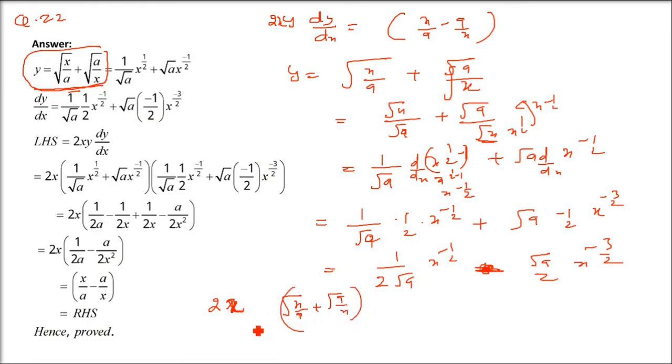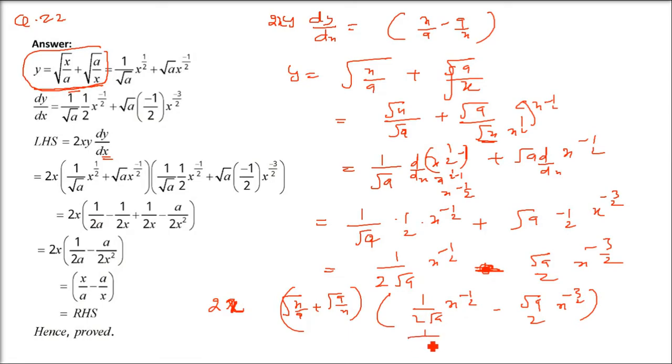And we have dy by dx, which is 1 by 2 root a x to the power minus half, minus root a by 2 x raised to minus 3 by 2. So you have to multiply each term first with y.